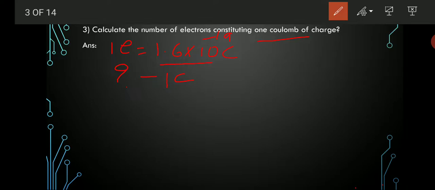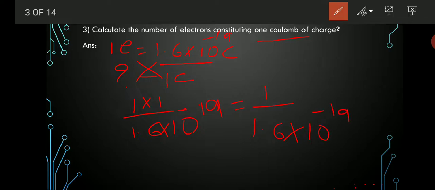Now when you cross multiply these terms, you will get 1 into 1 divided by 1.6 into 10 to the power minus 19. Now it becomes 1 by 1.6 into 10 to the power minus 19. Now you shift this 10 to the power minus 19 to the numerator.